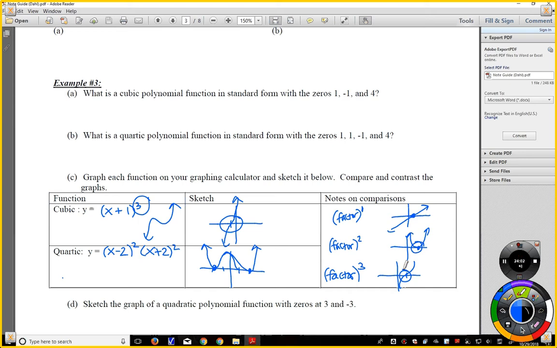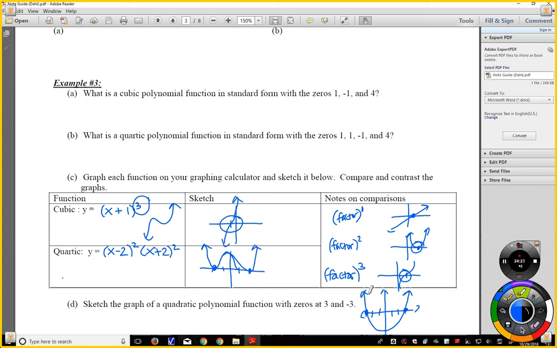So if we're going to sketch a quadratic polynomial function with zeros at 3 and -3, so quadratic means like a parabola, right? And it has these two zeros, it's going straight through and straight through. Each of those zeros just has a multiplicity of 1. Nothing special about them, okay?